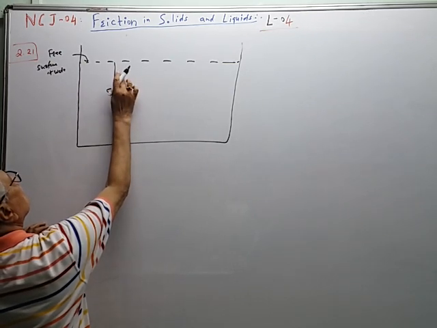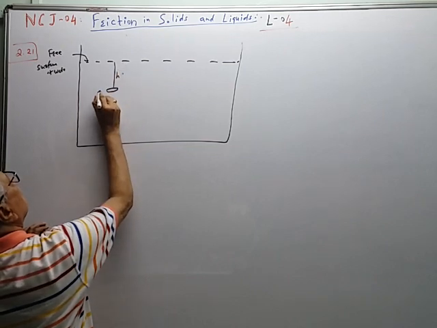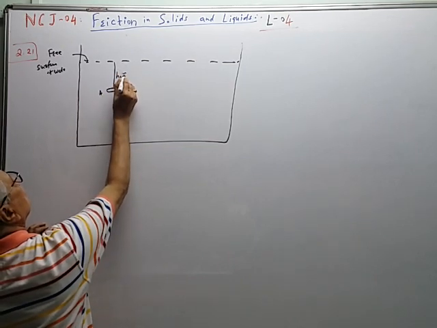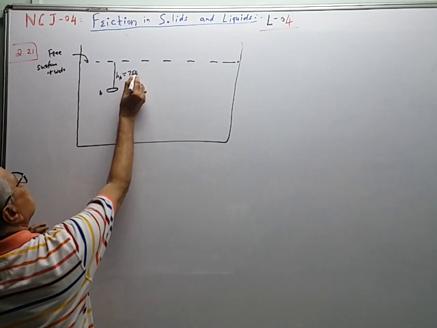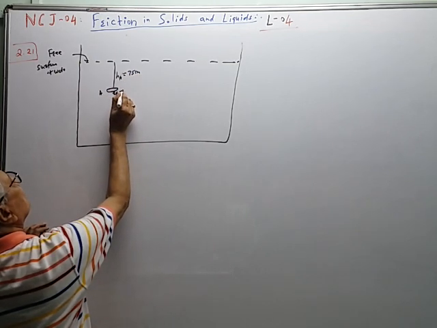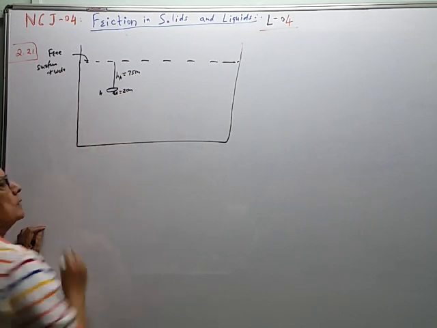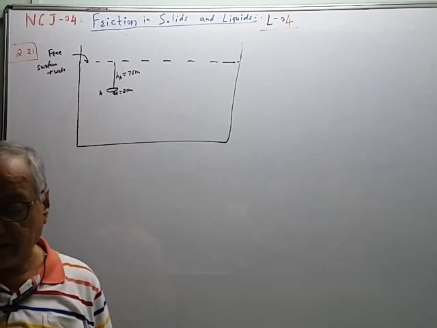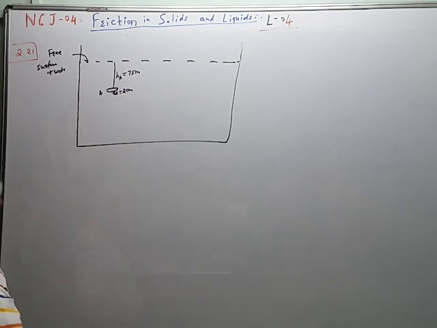HA is equal to 75 cm. RA is equal to 2 cm. Both the values are given in CGS system.